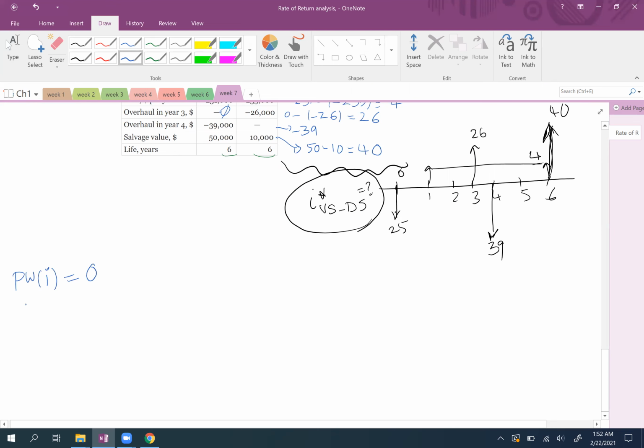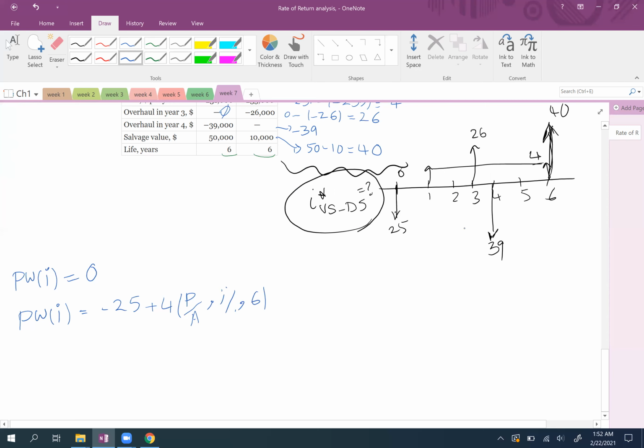Let's just do the calculation. Present worth for this incremental analysis is, at time 0, I already have a 25. I have these 4 annual operation costs in positive direction, which I will need to transform to P. So I will need to shift it to time 0 with P given A, I% and 6.